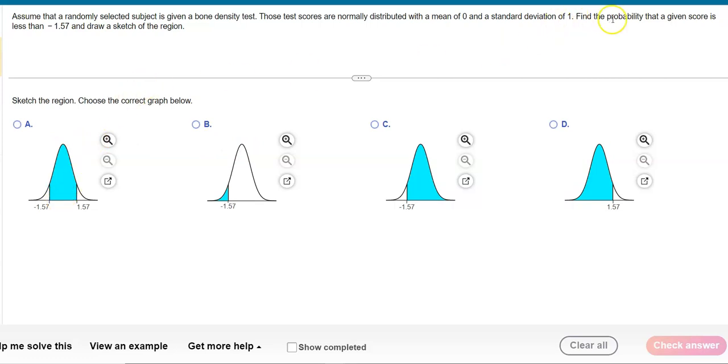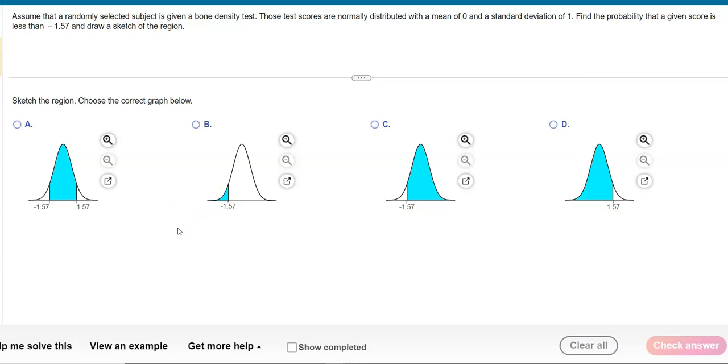So we're trying to find the probability, that's just another way of saying the area under the curve, the blue shaded regions, that a given score for the bone density is less than negative 1.57. So if 0 is right in the middle of this graph, then negative 1.57 should be a little bit to the left of that, right? A little bit to the left of 0.